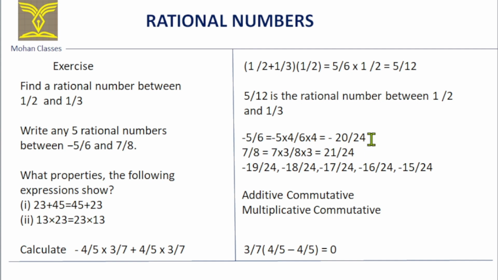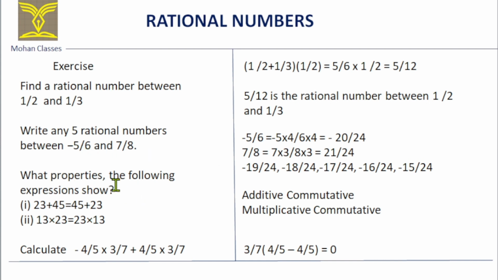Now we have minus 20 divided by 24 to 21 divided by 24. We have so many rational numbers. Here we need to write only 5. Therefore, minus 19 by 24, minus 18 by 24, minus 17 by 24, minus 16 by 24, minus 15 by 24. These are the 5 rational numbers between minus 5 by 6 and 7 by 8.